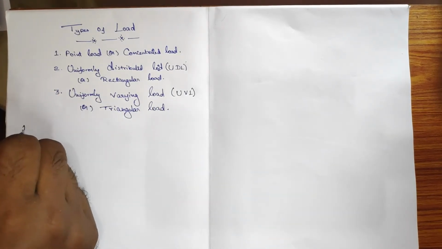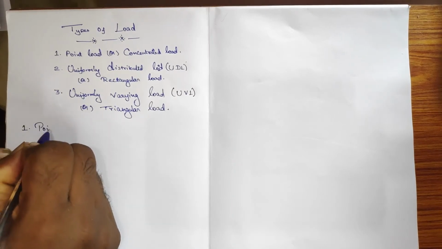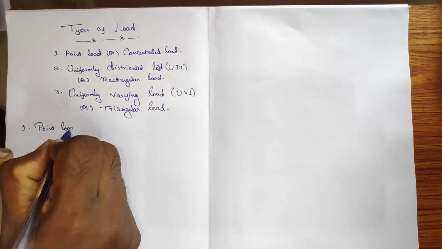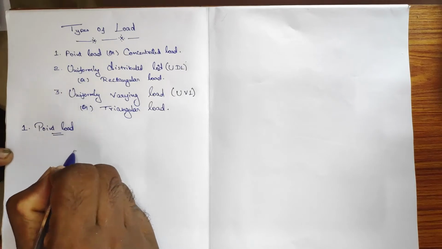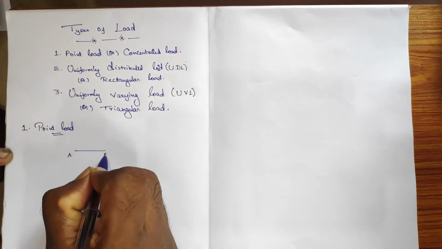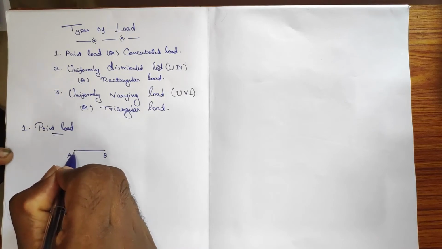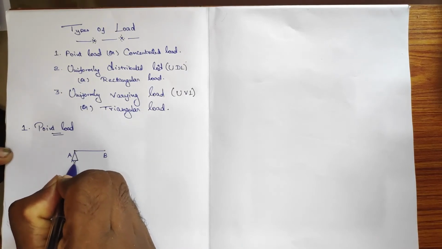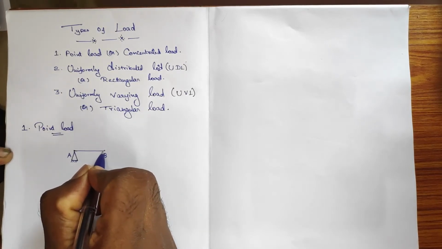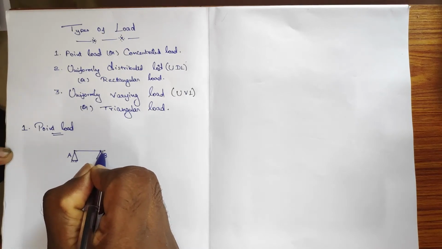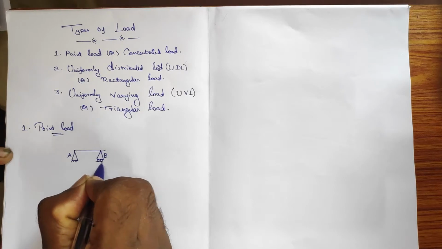So the first one, point load. Point load is nothing but, for example, I have a beam AB, both ends supported, one end by a hinged support and the other end by a roller support.